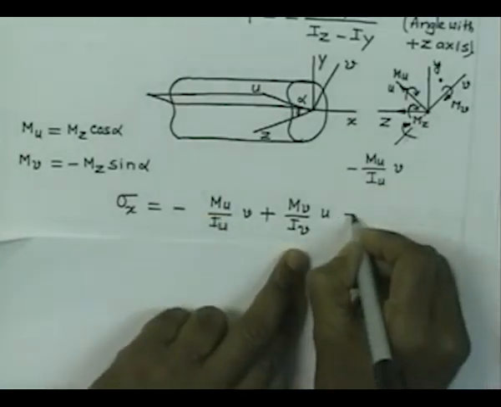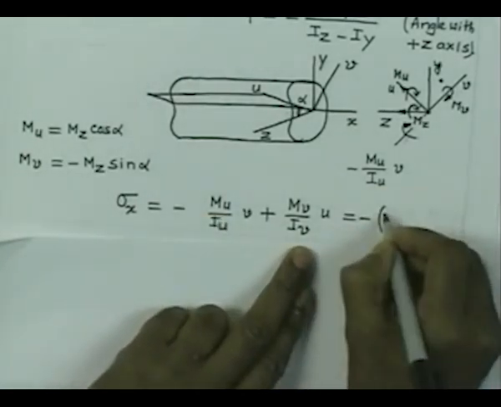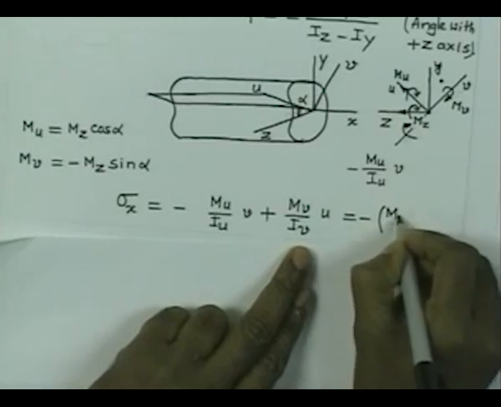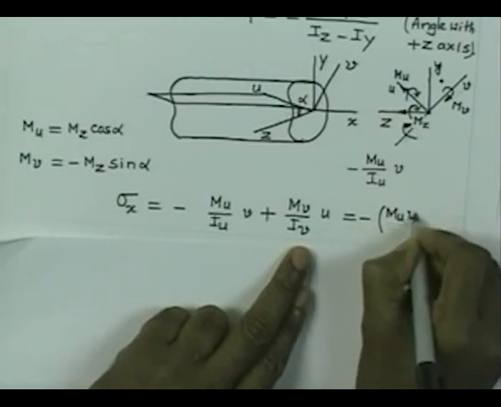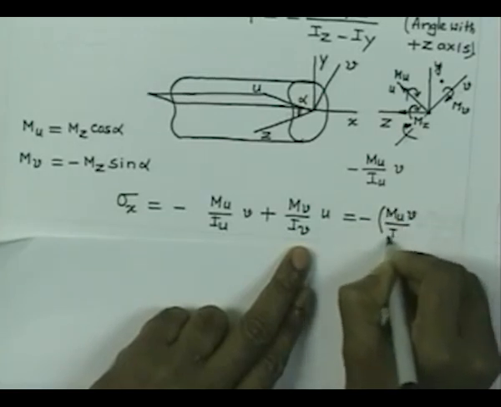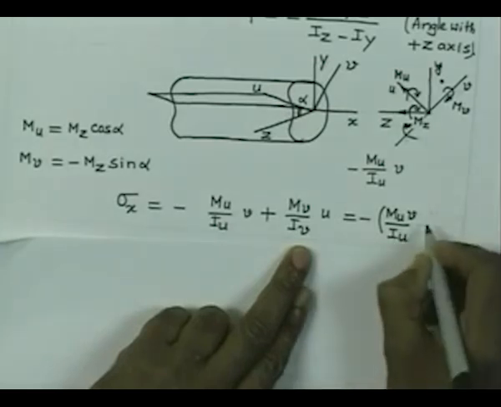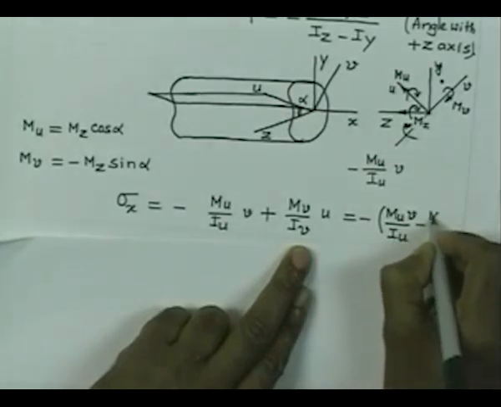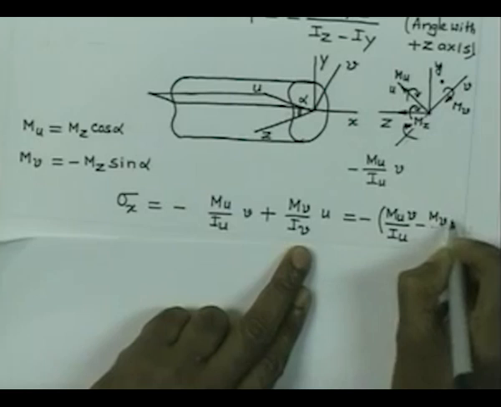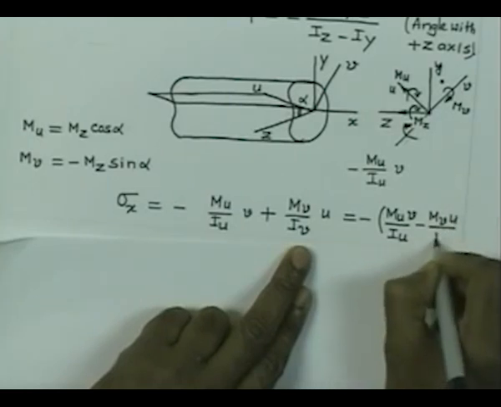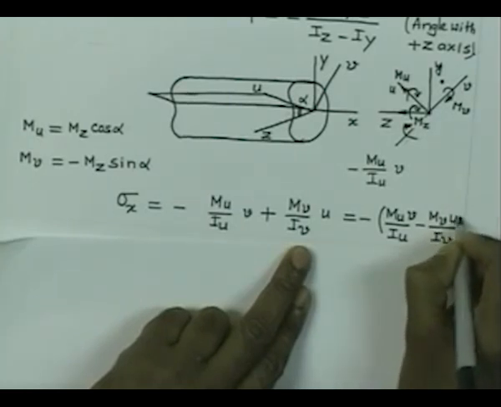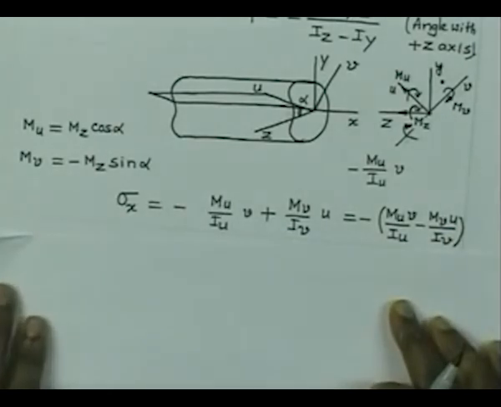So, finally, my stress on the cross section is going to be given by this formula, minus Mu by Iu into v minus Mv into u by Iv. So, that is the total stress at any point on the cross section.